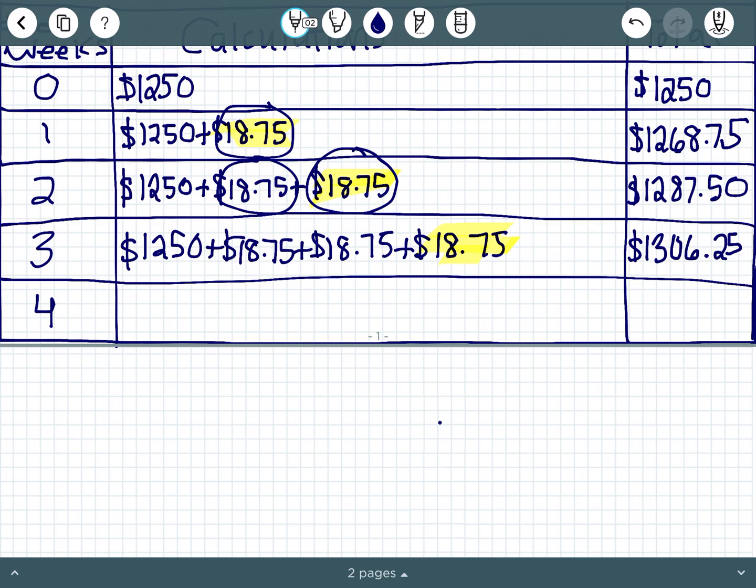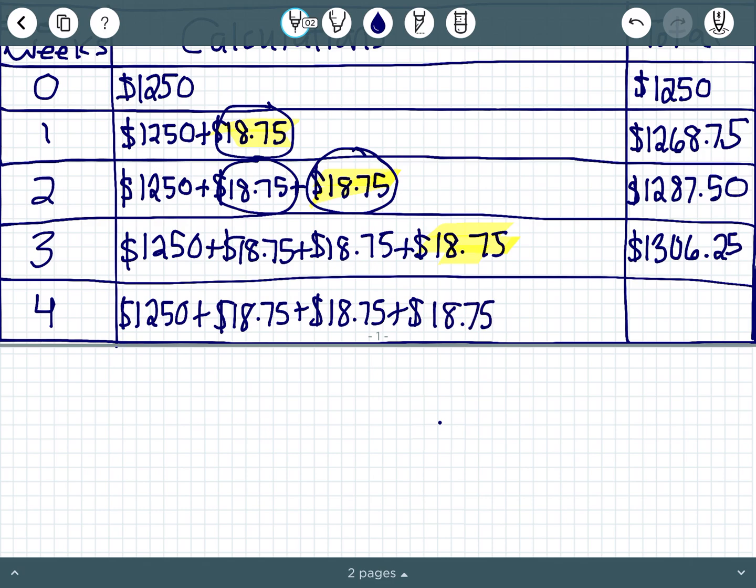All right, and for 4 weeks, if you guessed that we're going to be adding $18.75 4 times, you were correct. So here's my week 1, my week 2, my week 3, because remember, each week they're accumulating $18.75 to that loan.